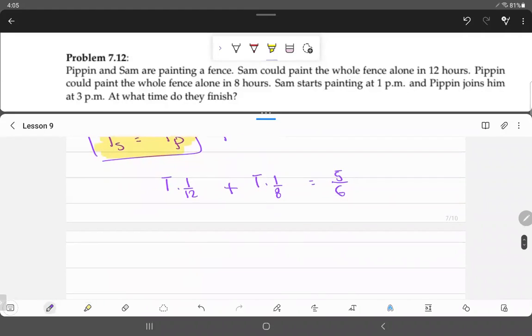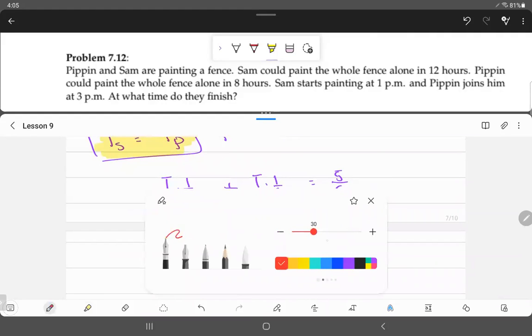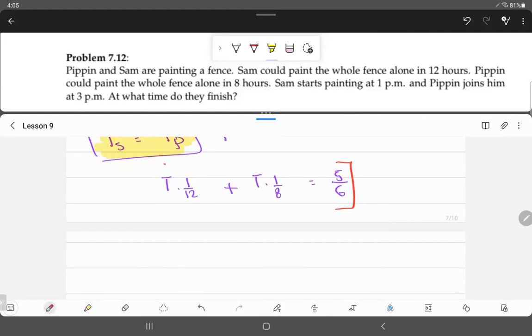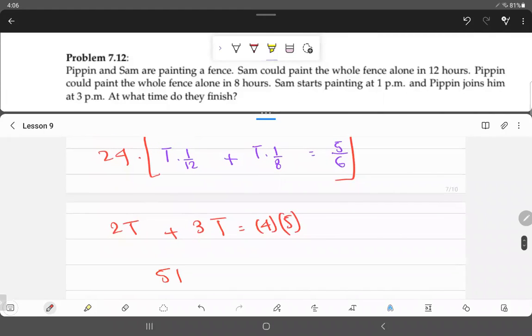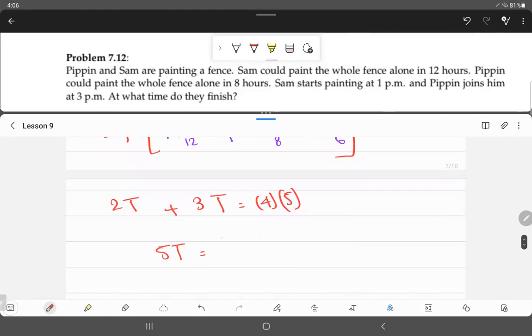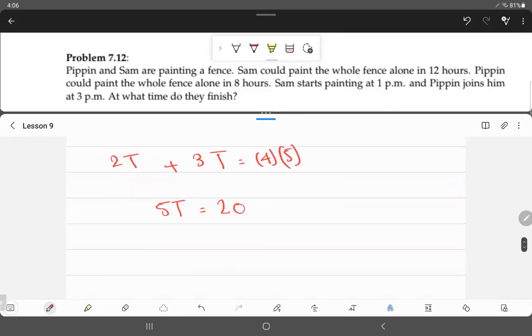Now we solve this equation. Multiply both sides by what? 24. What do we get? We get 2t plus 3t equals 5 times 4, which is 20. So 5t equals 20, right? So t equals what? 4 hours.